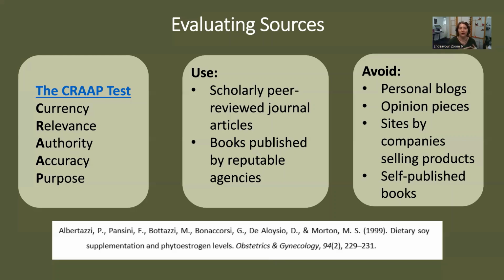Usually the rule to follow is published in the last 10 years. That's usually a good way to vet old and out-of-date studies, but sometimes you'll find assignments will give you a specific date range and they'll say you have to find 3 articles published in the last 5 years or whatever. So check your assignment outlines, but just generally 10 years is the rule to remember.